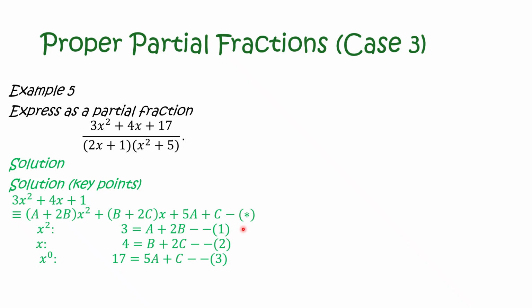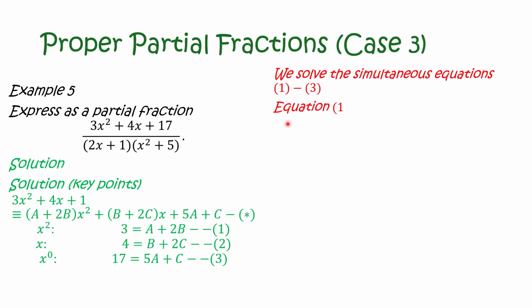We have the question on the left-hand side as well as the key points. So recall equation star and the simultaneous equations 1 up to 3. In solving the simultaneous equations, let's start by having equation 1 minus 2 times equation 2. Recall from how we solve simultaneous equations, we are trying to eliminate one of the variables.